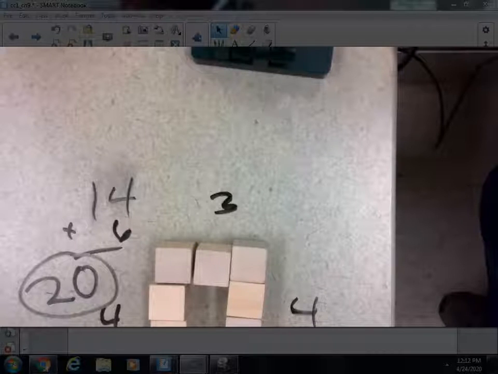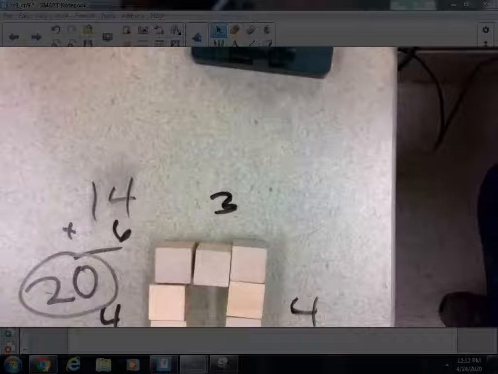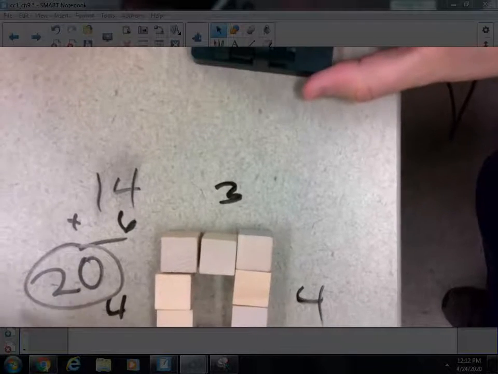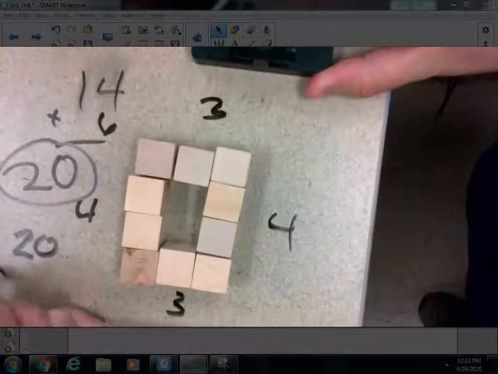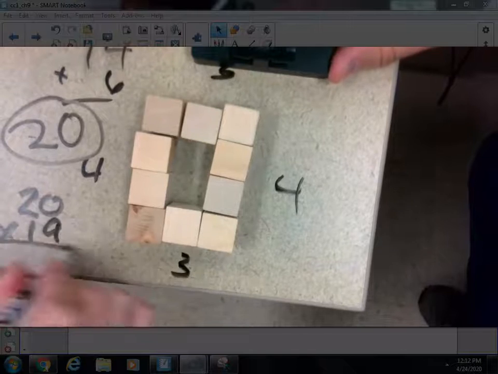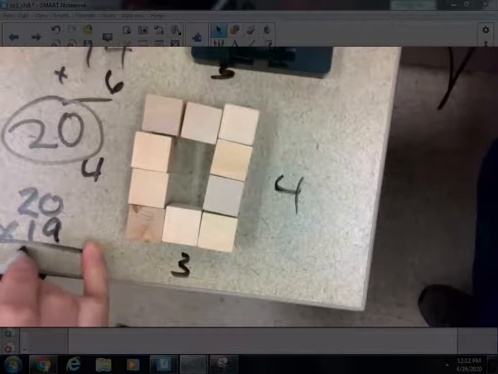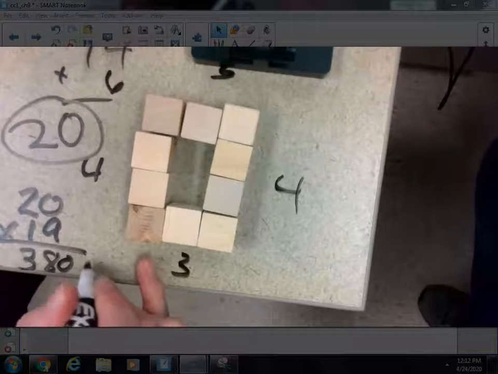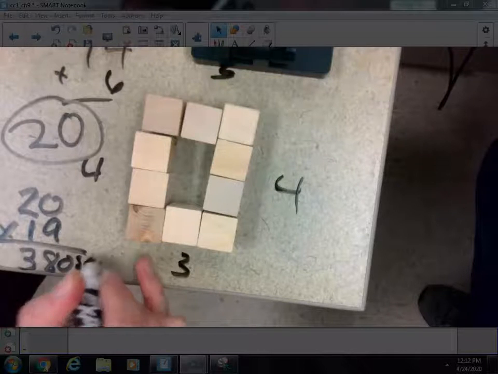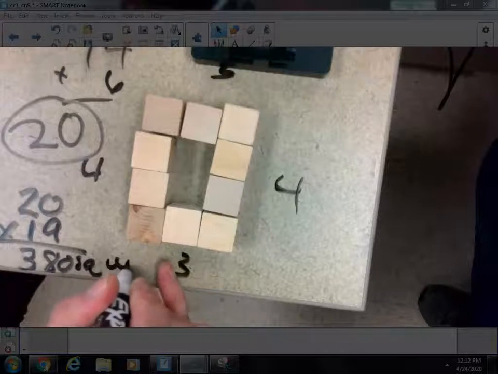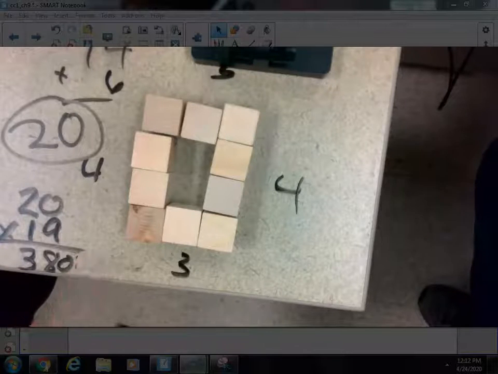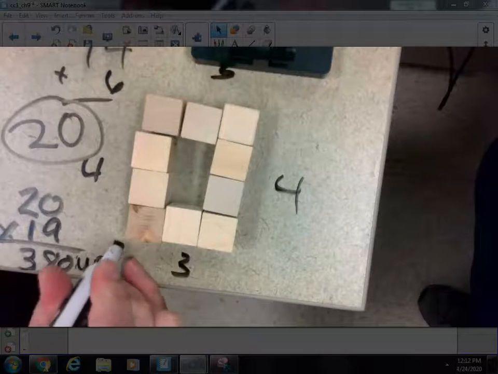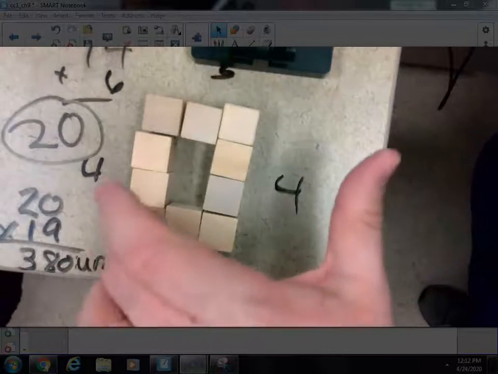squared units of glass. So if we have 19 stories, we would take that 20, multiply it by the 19 floors to give us 380 squared units. So talking about squared units, that means we're finding area. We're not filling the entire cube with glass.